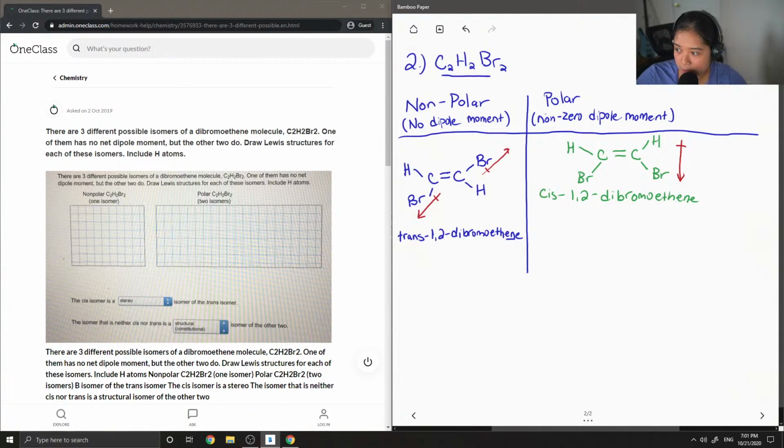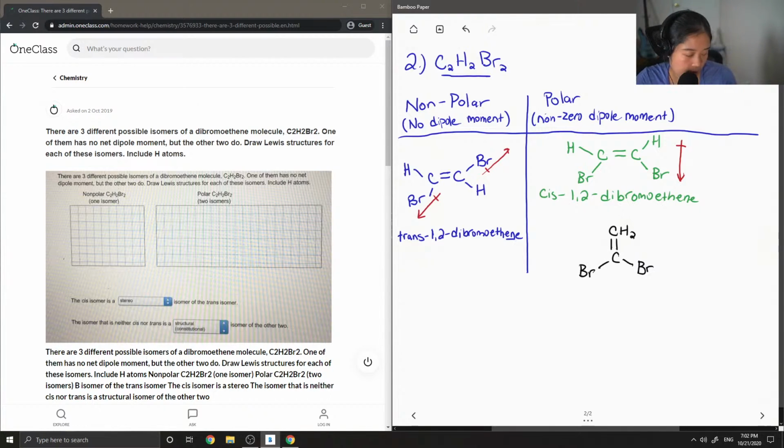Okay, so I'm going to draw the last molecule that is also polar. It also contains a double bond, but this time looks like this, where the bromines are actually on the same carbon.